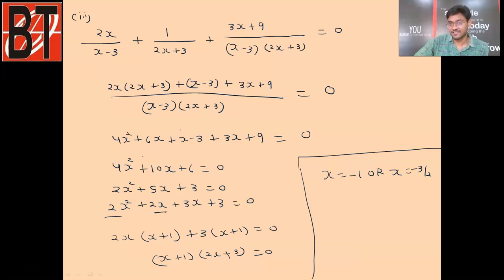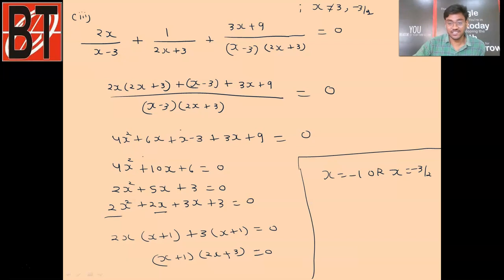In the starting only it is mentioned, though I didn't write it, in the question, that x cannot equal plus 3 and also it cannot equal minus 3 by 2. Now why is it not minus 3 by 2? Students, you may check. If I use the value of x as minus 3 by 2, what problem is there? The problem is this, I will be getting 0 in the denominator.